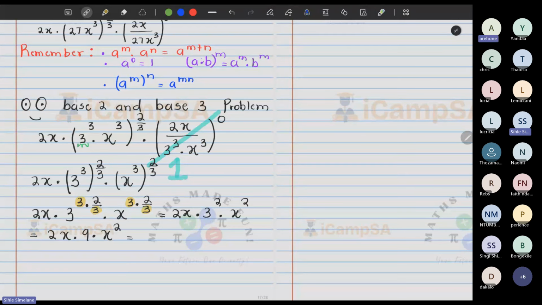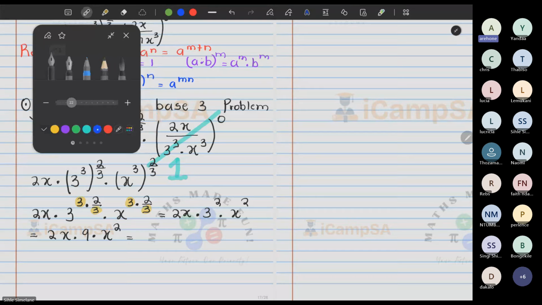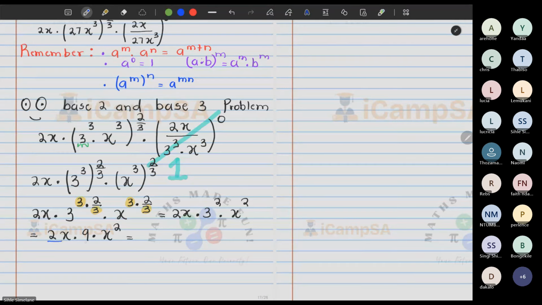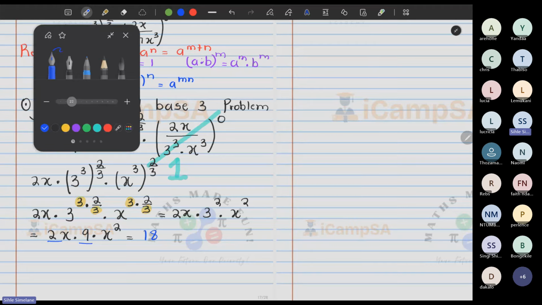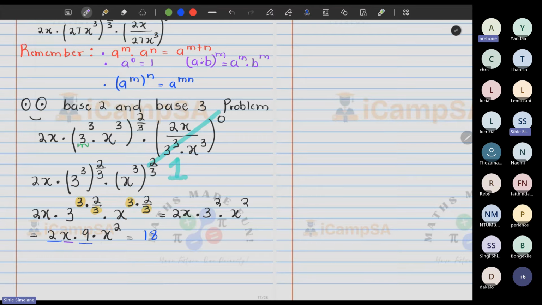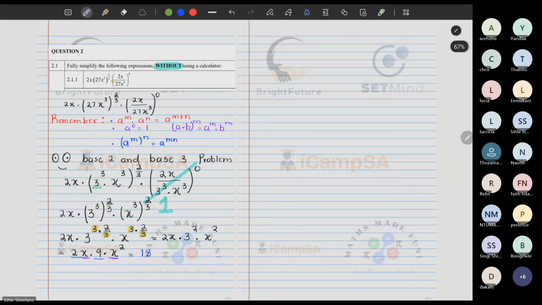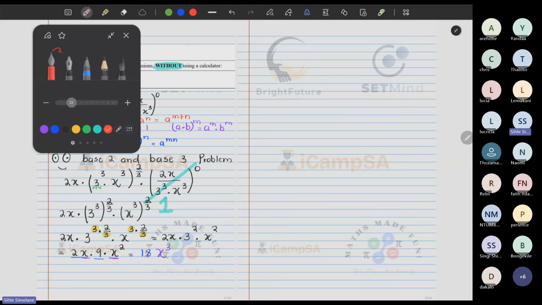What is the final answer, guys? What is 2 times 9? 18. And then what is x times x squared? X cubed. And the teacher will be so blown away.